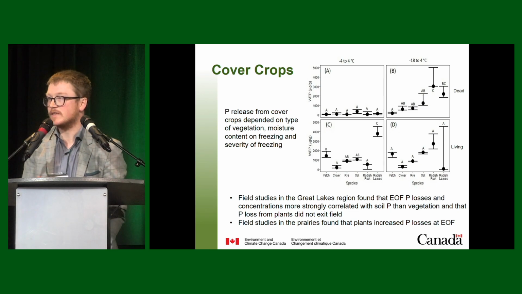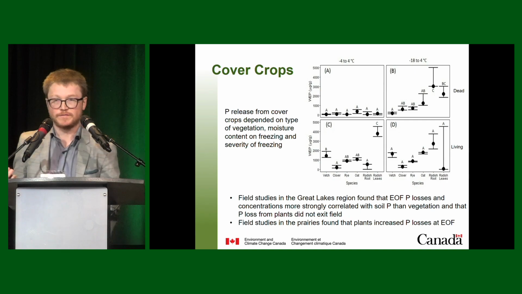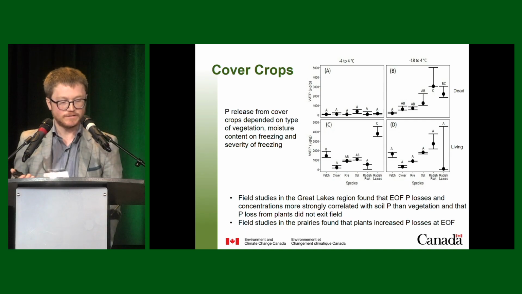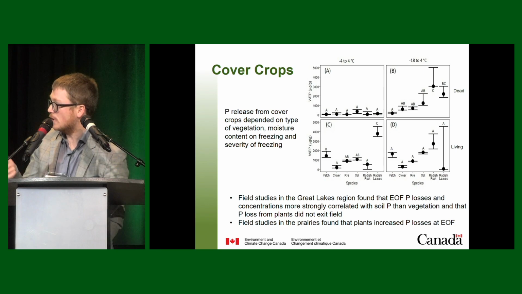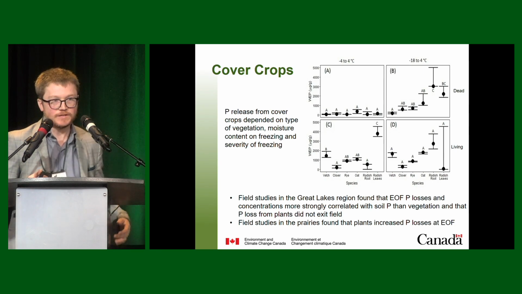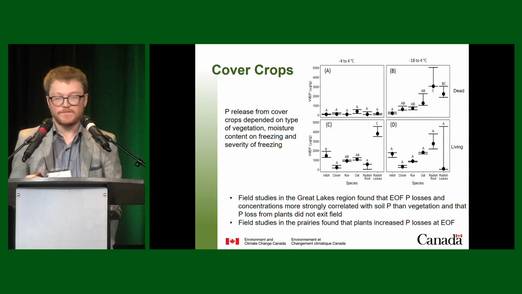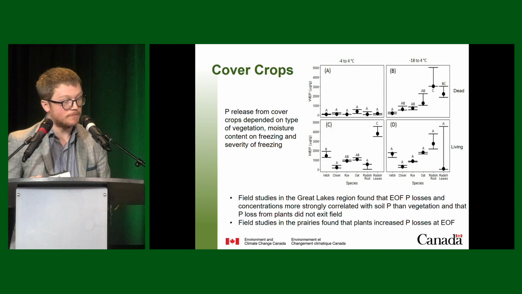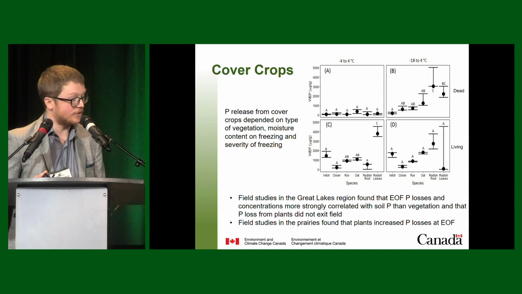And so when we look at this, we can see, first of all, the increased contribution of phosphorus from that living biomass relative to the dead across temperatures, and then the increased contribution across all sources when we have colder temperatures due to those cells freezing and then subsequently releasing those nutrients. So to sum, phosphorus release from cover crops depends on the type of vegetation, the moisture content, and the severity of freezing.